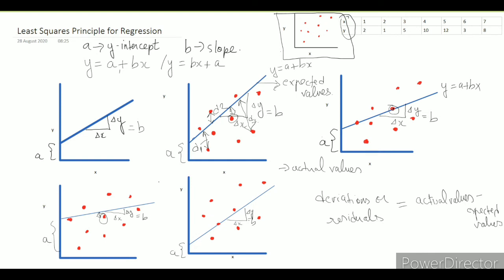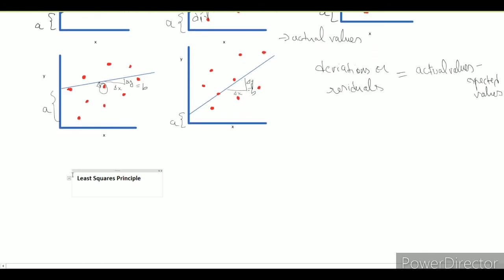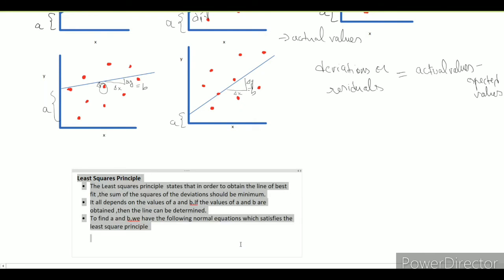And like we've said before, the shape of the line will depend upon the values of the y-intercept and the slope. So that is where we have the least squares principle for drawing these lines, which we will later call the regression line. The least squares principle tells us that in order to obtain the line of best fit, the sum of the squares of deviations should be minimum.